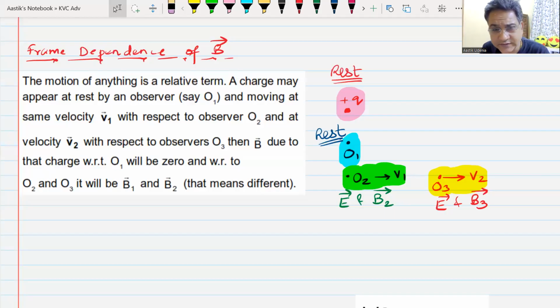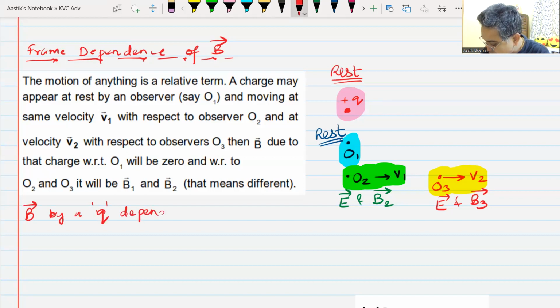So what it means basically is that the magnetic field produced by a moving charge q depends on the reference frame. Do we understand this? Yes, sir.